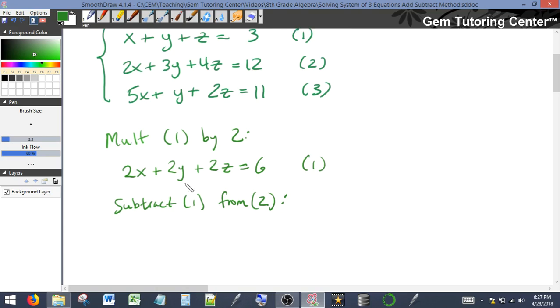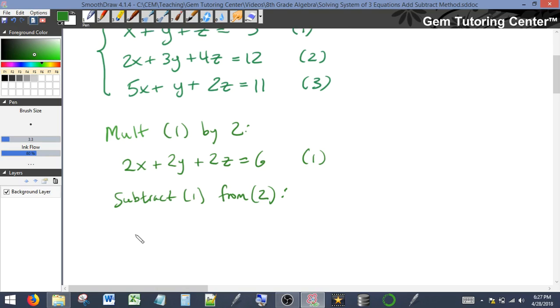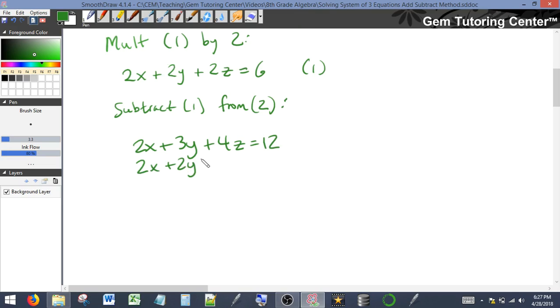So 2x plus 3y plus 4z equals 12, and 2x plus 2y plus 2z equals 6.